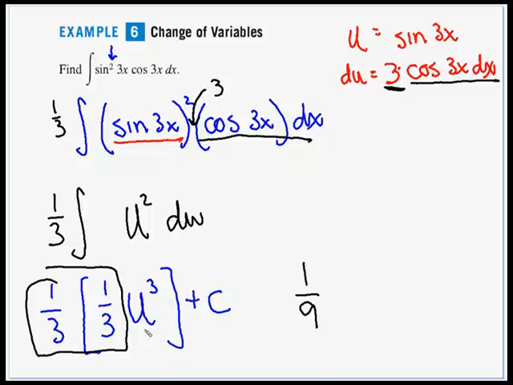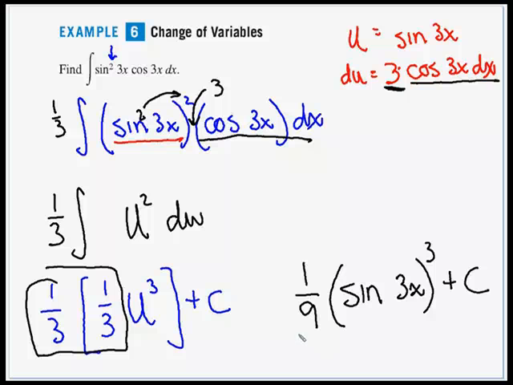We can plug our u back in. That used to be u to the 3rd, but now it's sine of 3x quantity to the 3rd plus c. And just like in the original step where we moved that sine squared, we could put it back if we want: 1/9 sine to the 3rd of 3x plus c.